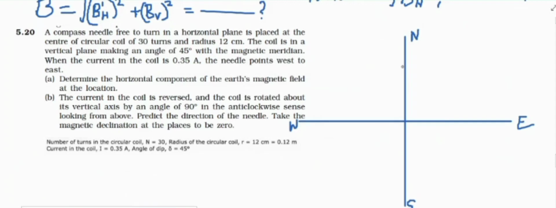Now, as we used to discuss, BH, the horizontal component of Earth's magnetic field, is acting towards the north, upward. Now the coil is placed in such a way that its plane makes an angle of 45 degrees, like this.